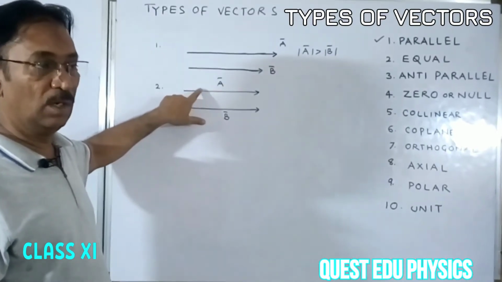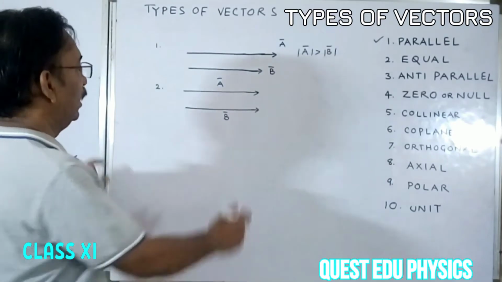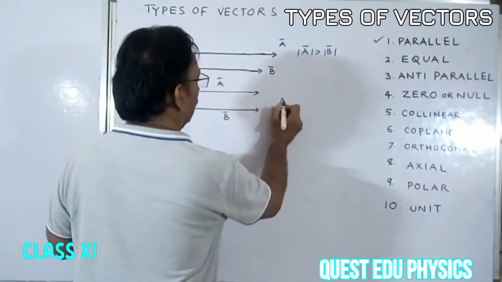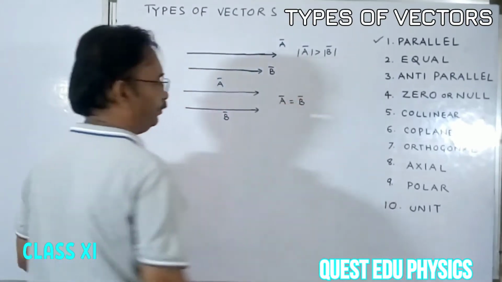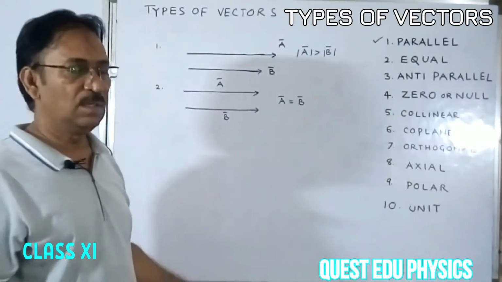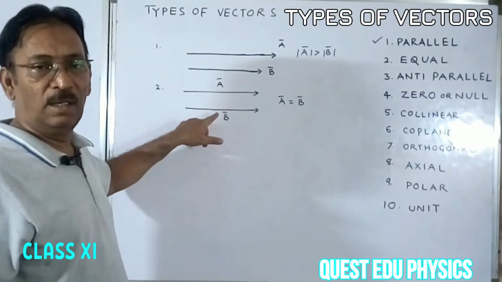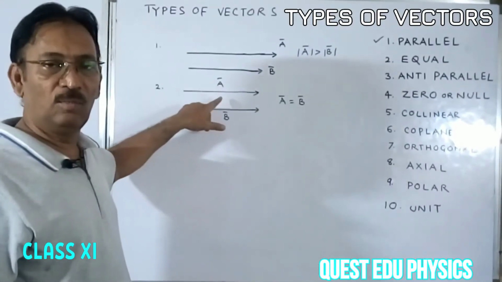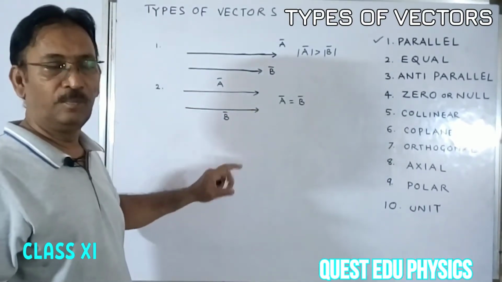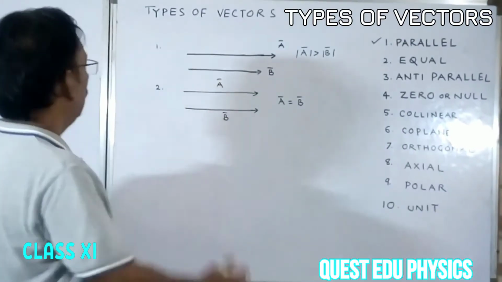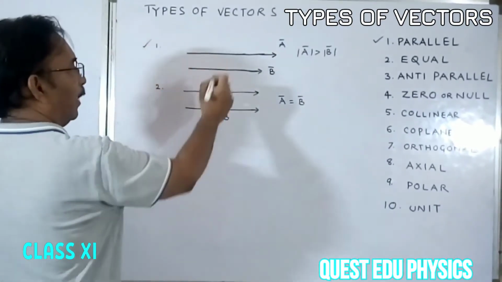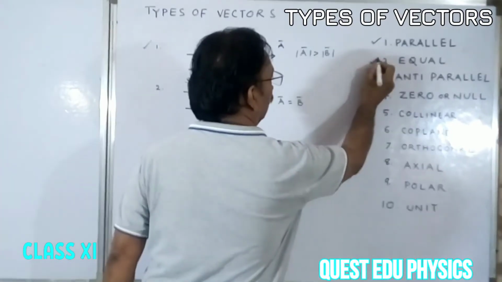They are not only equal, they are also parallel. In this condition we can write vector A is equal to vector B. Here in equal vectors, not only is the angle between them 0, but their magnitudes and directions are also the same.